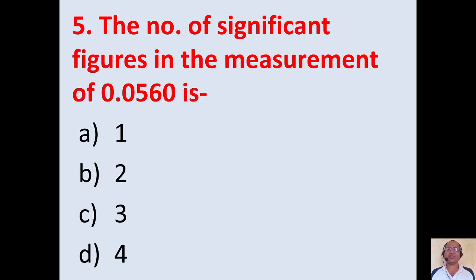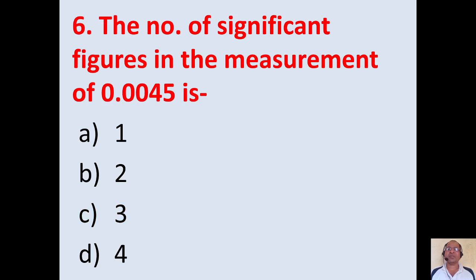The number of significant figures in the measurement of 0.0560 is: this number is less than 1, so the first two zeros are not significant. The last 0 is a terminal 0 with decimal place, so it is significant. So such a number will have 3 significant figures, and option C is correct here.